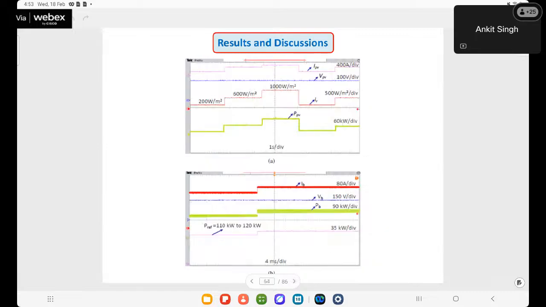This is the solar variation in real time, and according to that, solar irradiance variation and solar power variations are there. And this is the reference power variation. And after that, the battery current, battery voltage, and battery power.